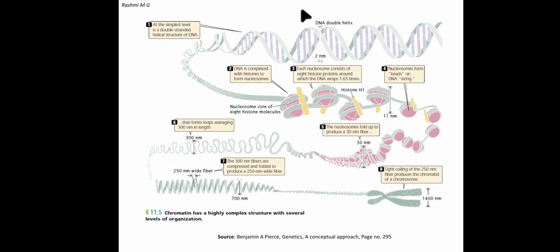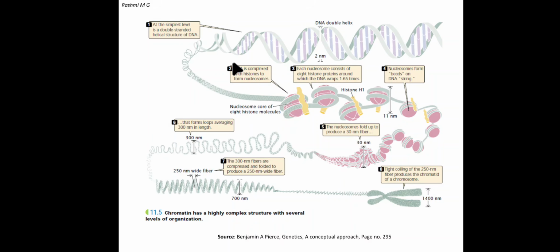See here, this image depicts all the sequence of the organization. See, at the simplest level is the double-stranded helical structure, which is DNA double helix, 2 strands, complementary base pairing, which is of 2 nanometer.